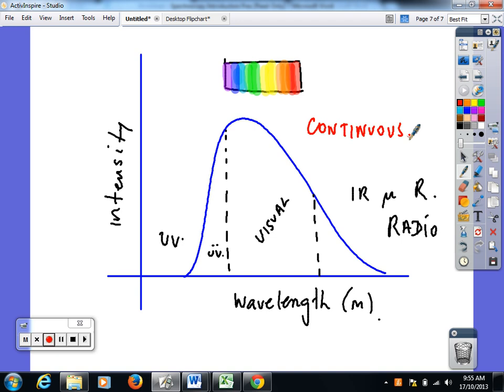Now, when a black line appears on our spectrum, let's say you put a black line there and a black line there, we have to explain in tomorrow's lesson why these black lines actually occur, but not today. That means that those frequencies, those wavelengths are no longer present, and we're not seeing that part of the rainbow.